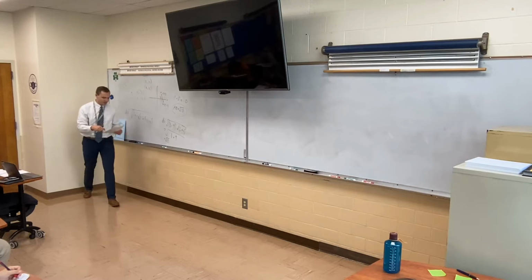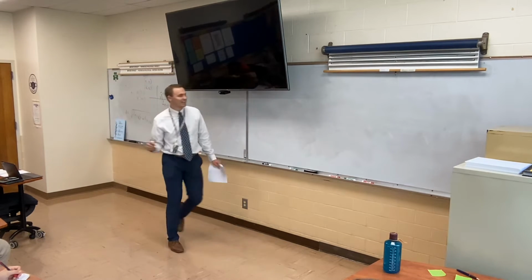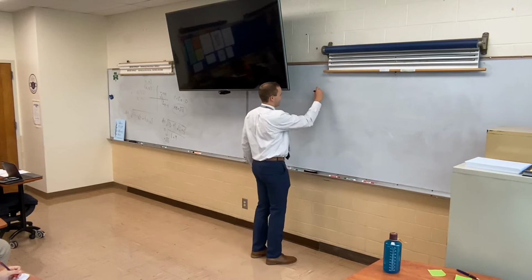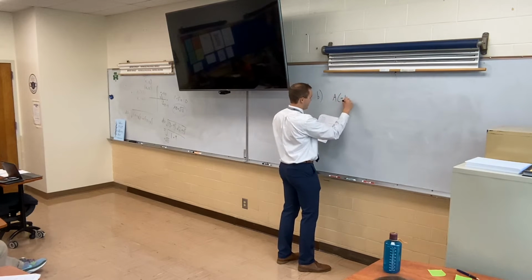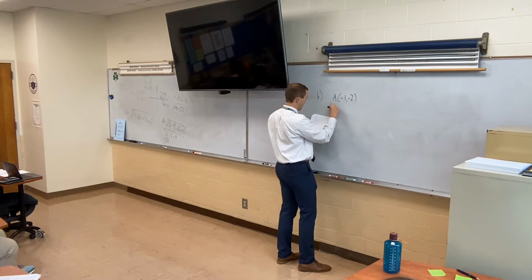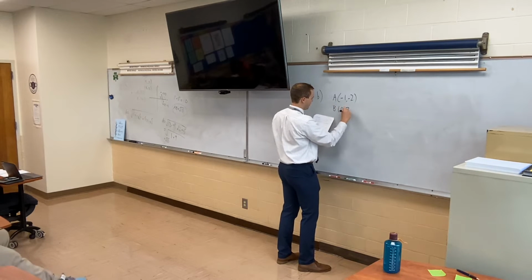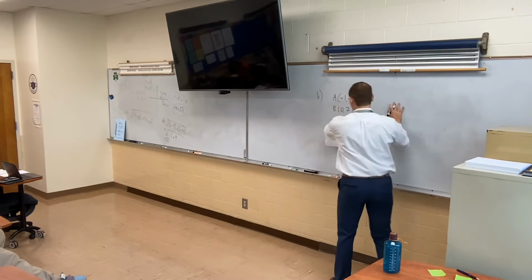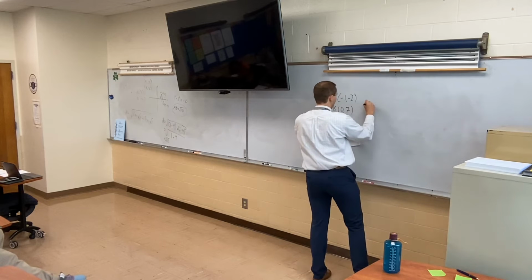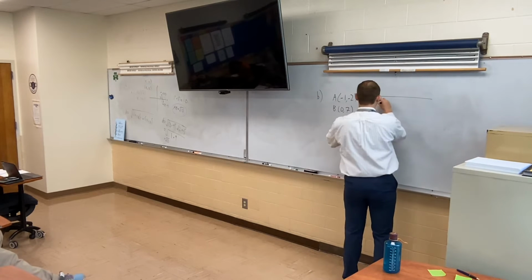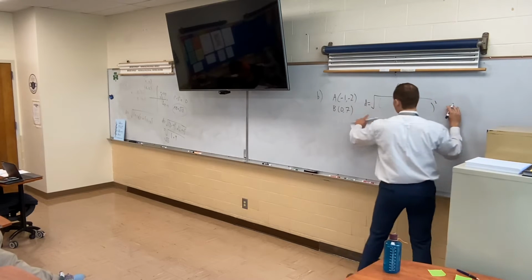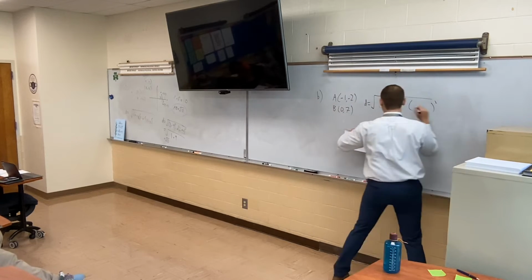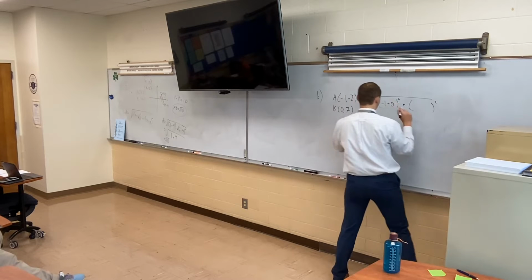All right. Let's just use the distance formula from now on, okay? Because it's kind of simpler to me. So we have a point A, -1, -2, and a point B, 0, 7. The distance formula, right? I'm going to do the difference between my x's, so -1 and 0, squared.